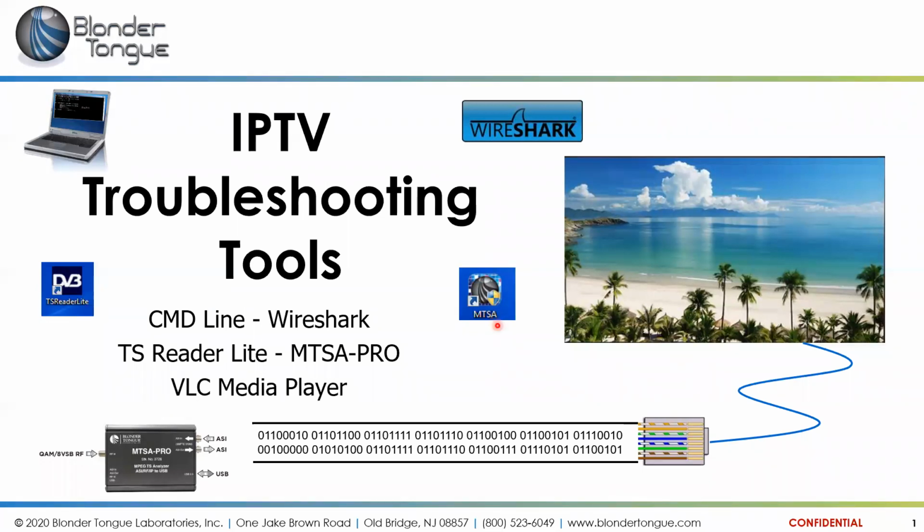So we're going to talk about things like the command line, things that we can do with the command line on our computer to help us determine if we're getting connectivity, and a couple other programs, some freeware such as Wireshark, some that do cost a little bit, like the MTSA Pro, that includes a piece of hardware that needs to be connected to your computer to be able to decode and decipher the video stream.